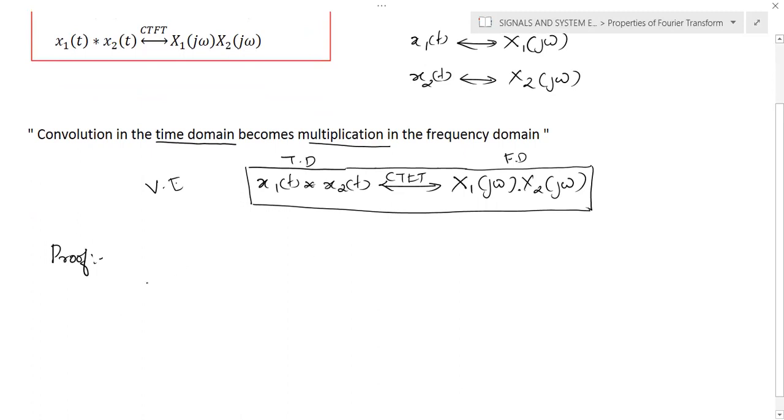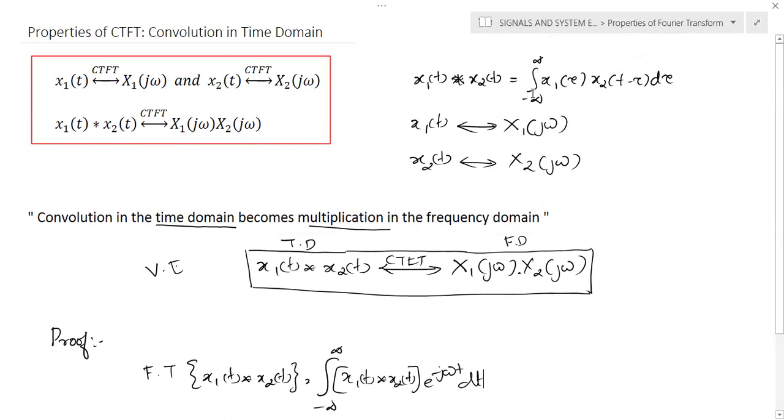If you want the Fourier transform of the signal x1 of t convolution x2 of t, we can substitute in the standard equation, that is integral minus infinity to infinity x1 of t convolution x2 of t into e raised to minus j omega t dt. And the x1 of t convolution x2 of t we already wrote in the standard form, that is integral minus infinity to infinity x1 of tau x2 of t minus tau d tau.